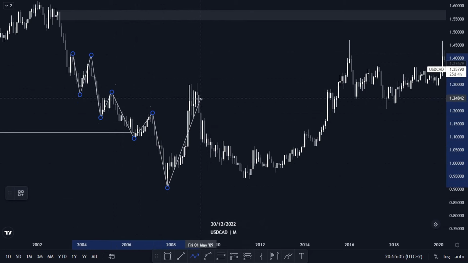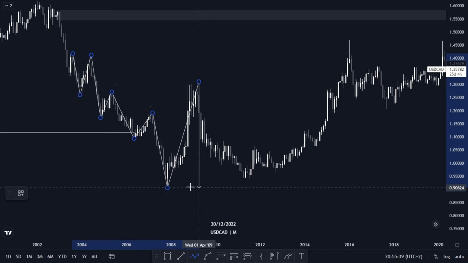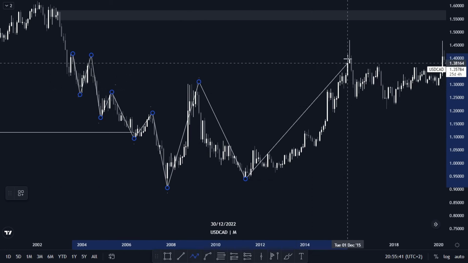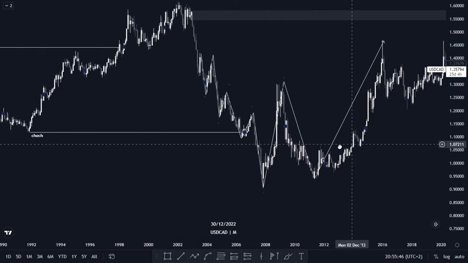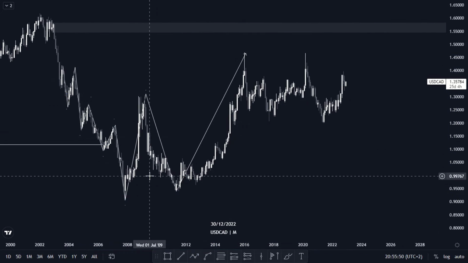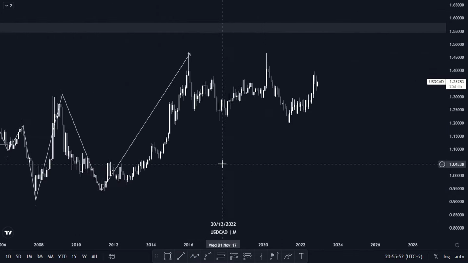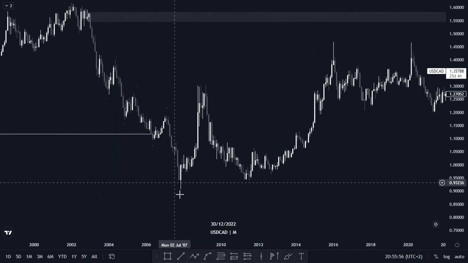So here price broke this lower high and respected the lower low. Price eventually pushed to the upside, showing that we are now in a bullish trend. Let me just clear this out and mark it all out.